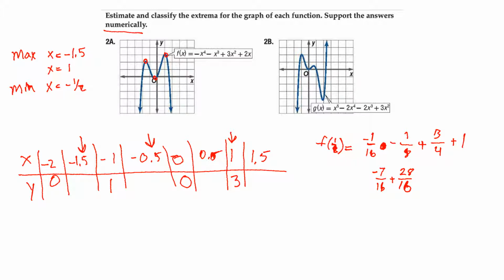And so I'm going to get 21/16. My pen is really acting funny today, and I'm not entirely sure why. Okay, 21/16, this was for here.